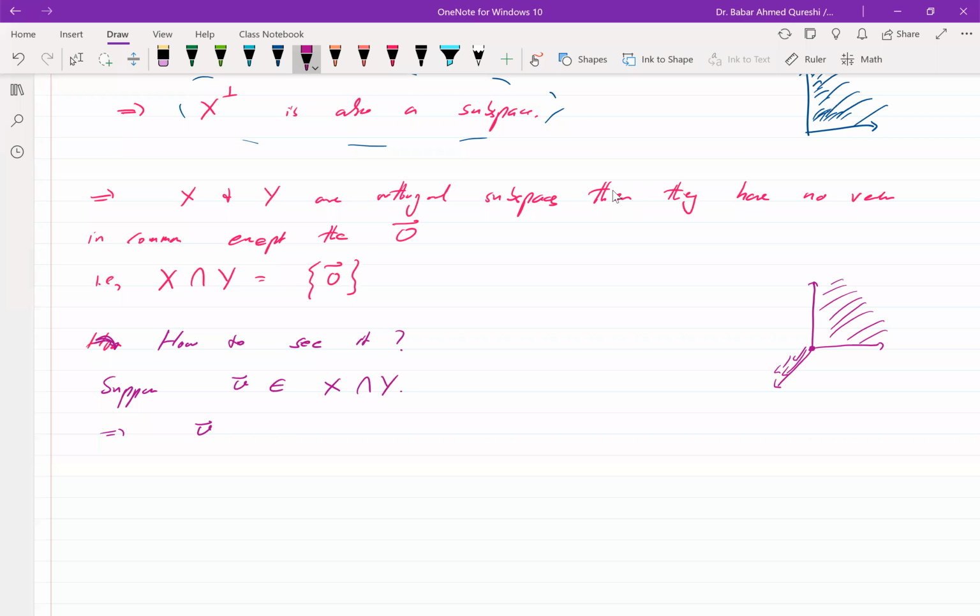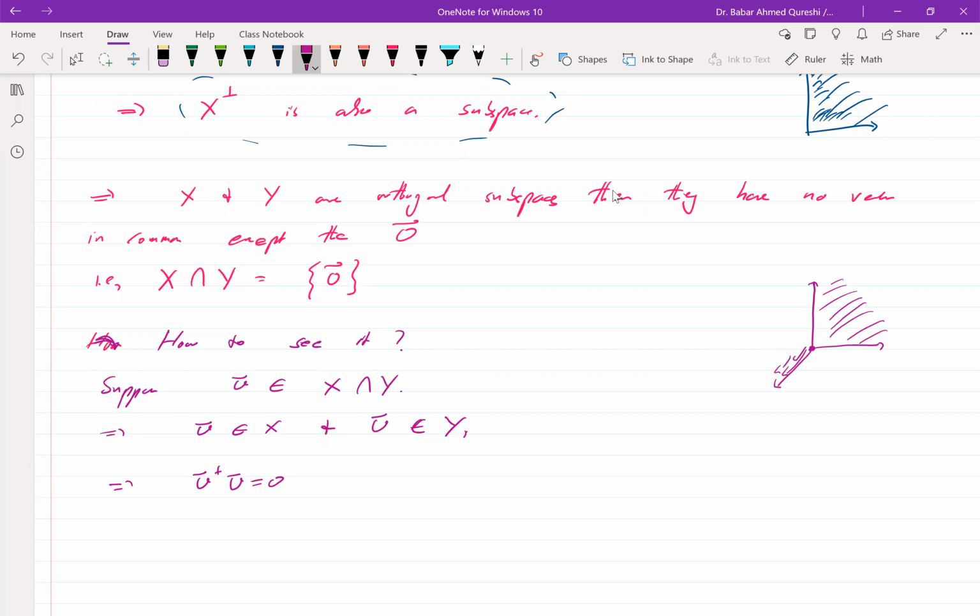This means V belongs to X and V belongs to Y. And since every vector in X is perpendicular to every vector in Y, this means V transpose V is zero. But we know that a nonzero vector is not orthogonal to itself.